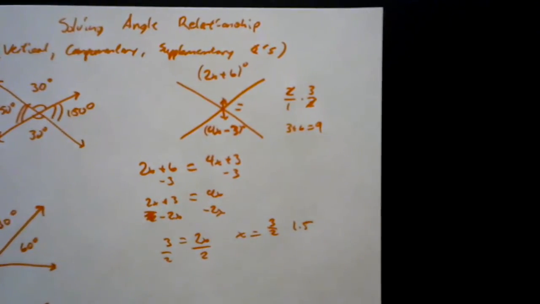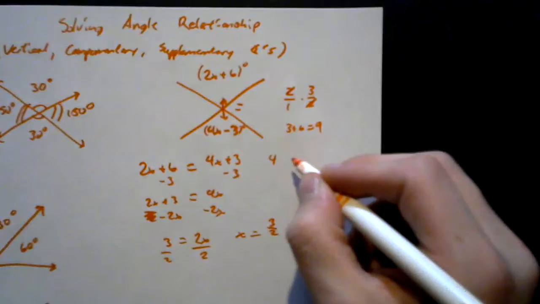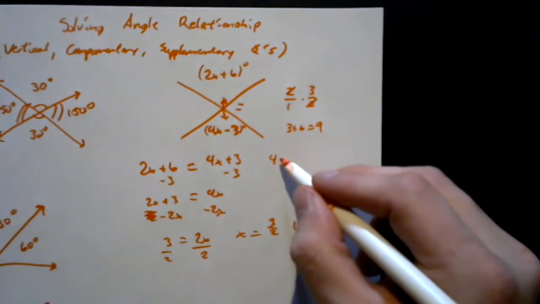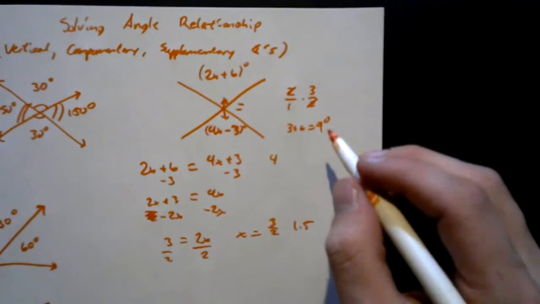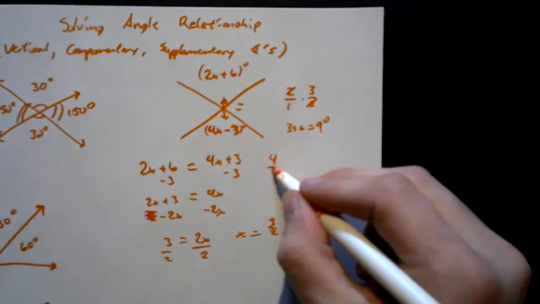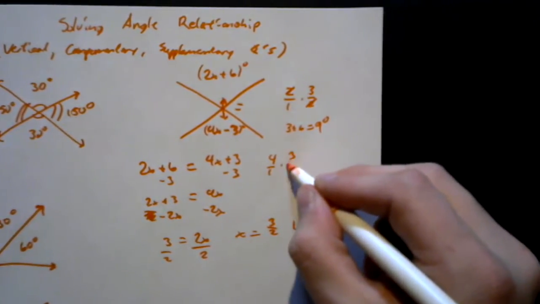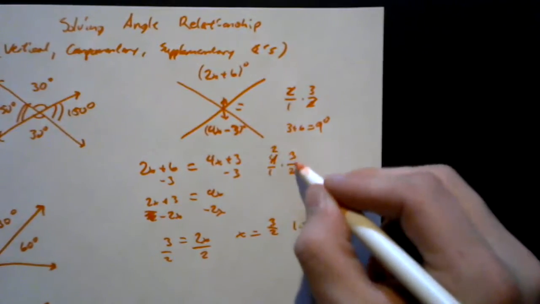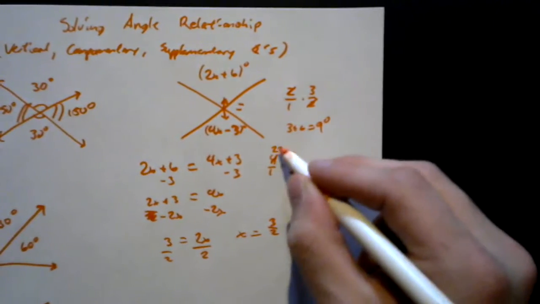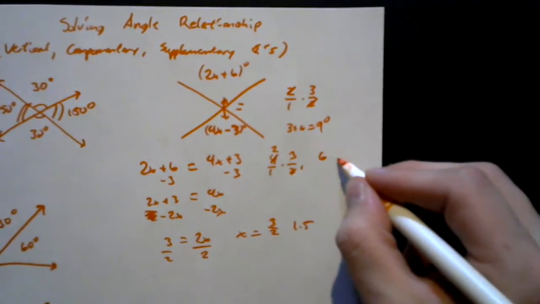If you did it for the bottom one, we'll just make sure, which it would be 9 degrees, which is a very small angle. 4 times 1 times 3 over 2. This becomes 2, this becomes 1, 3, 6 over 1, which is just 6 minus.